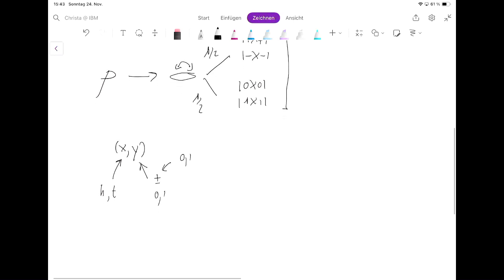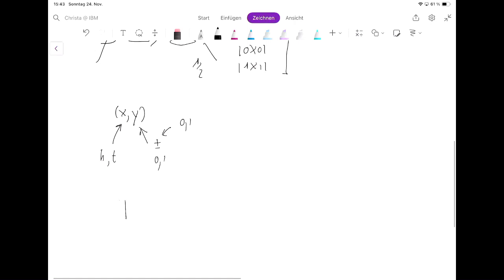And now, let's see what's the probability of getting one of these outcomes. What's the probability of getting outcome xy? Well, those two are independent events, unless you believe in superdeterminism or this kind of fancy stuff.